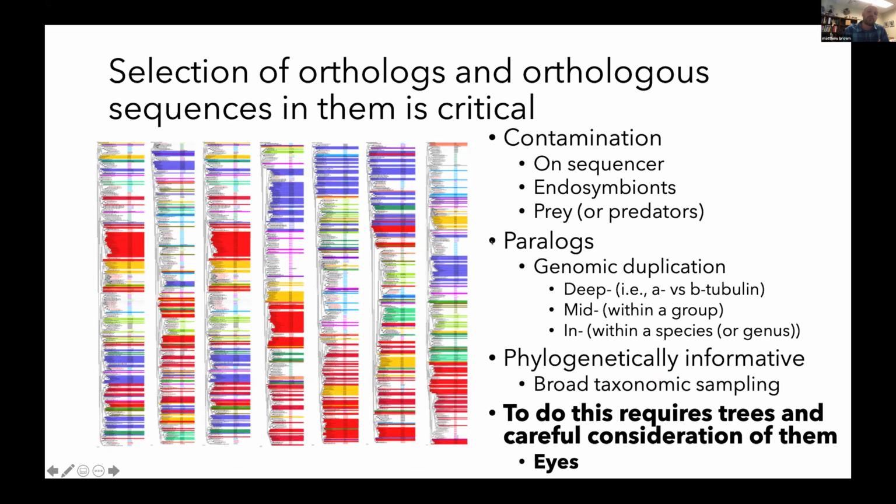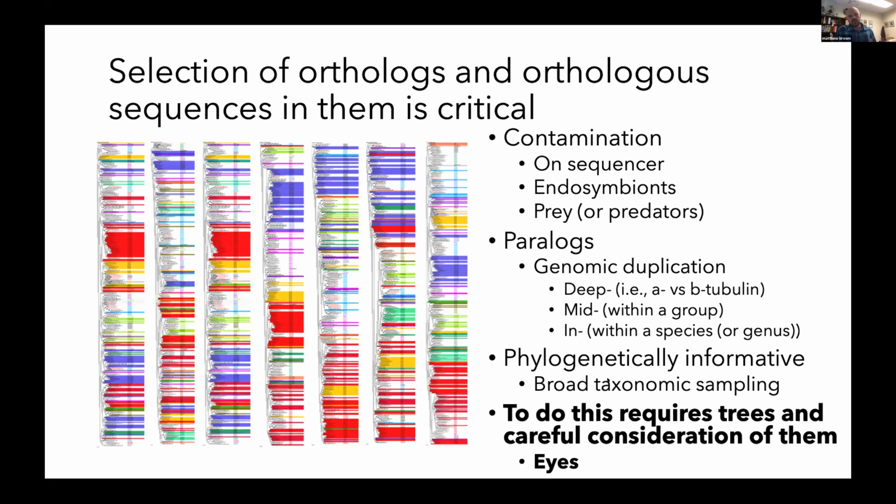Along with that, there are also paralogs, which are caused by genomic duplication, which may be either deep, such as alpha and beta tubulin, or within a group, so mid paralogs, or in paralogs, which are within a species or a genus. And we also are really interested in what are actually phylogenetically informative genes that also have a broad taxonomic sampling.